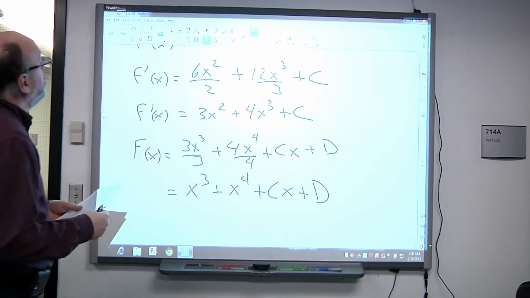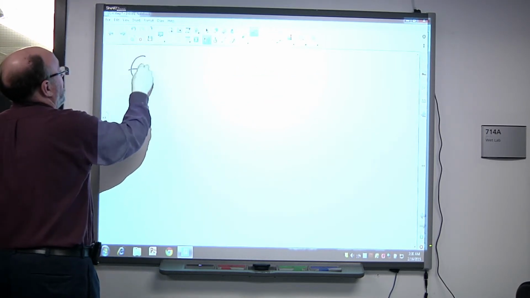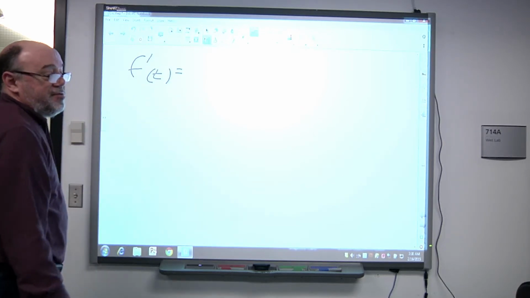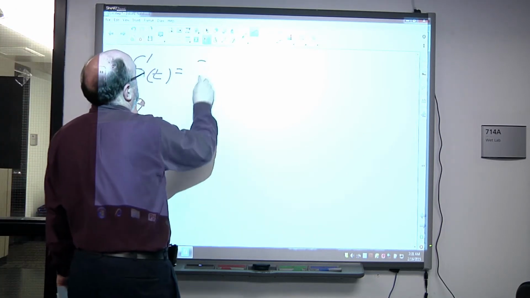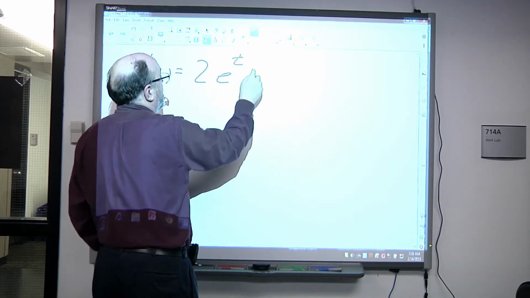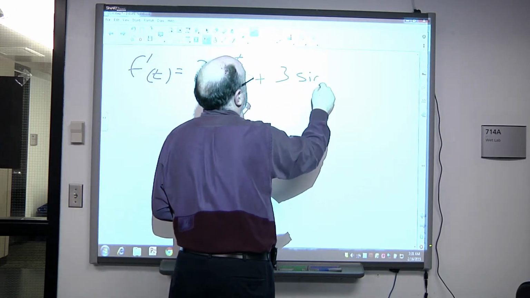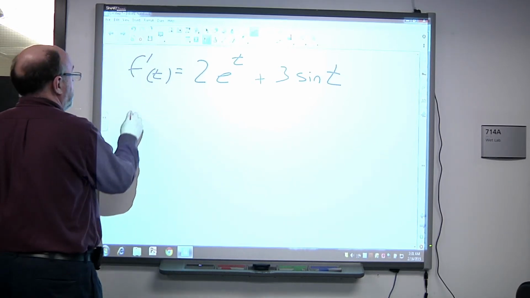Right? Other ones. Okay? So you had that handout I gave you a few weeks ago that had the differentiation rules on top, and then it had integration rules on the bottom. And so you have one like this, and we want to find f of t.